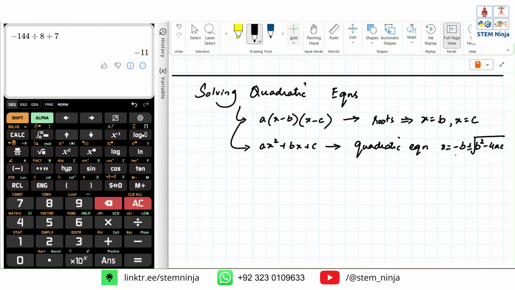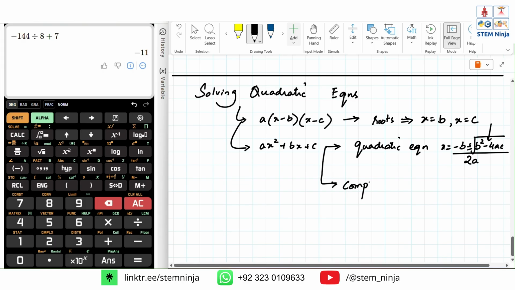As you can notice, b squared minus 4ac is the discriminant. That's why it is the discriminant, because if this factor is less than 0, there will be no square root. And another way to solve quadratic equations is completing the square.